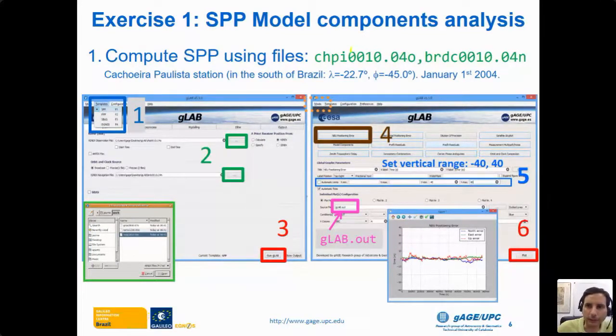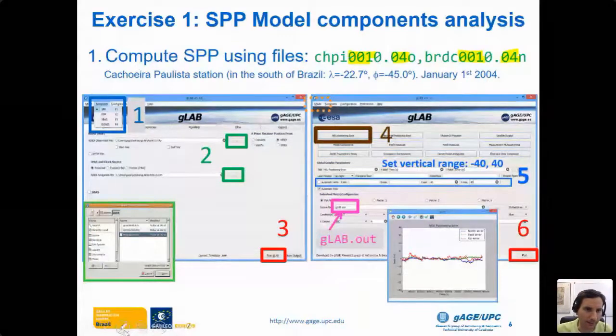You can see that we have the last digits. The last digits are the year. The data belongs to 2004, and especially the first day of the year. And this is why these files have 001. So it's the 1st of January of 2004.